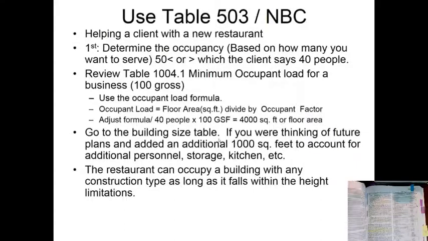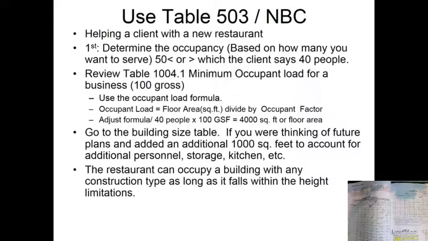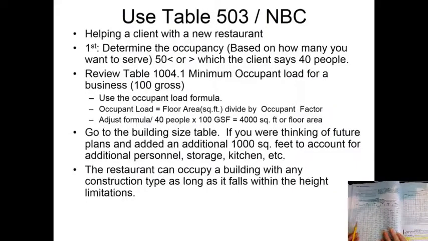So now let's go to the building size table. Here we're going back. And if we're thinking of future plans, maybe adding an additional 1,000 square feet to account for additional personnel, storage, and kitchen and stuff like that, but I'm not going to go up to over 50 people, then what building type can I use? And how big can it be? Okay, so we're looking at our building type.